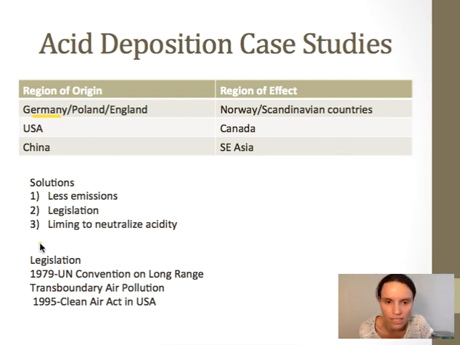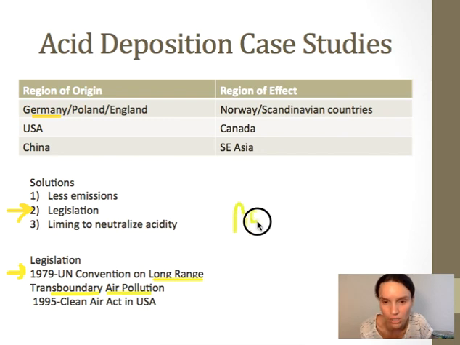Because of that, there has been a specific interest in the legislative tier of solutions to acid deposition. The most significant piece of legislation was in 1979, the UN Convention on Long-Range Transboundary Air Pollution. The problem with this, of course, is that it is a little bit hard to prove where the air pollution is coming from.